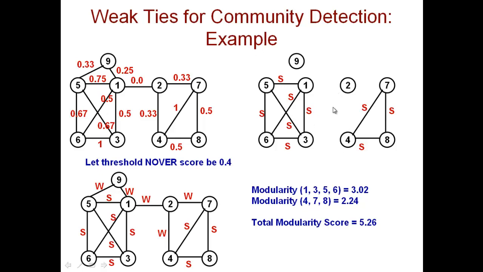So these are now the communities that we have, and that's a one step process. The modularity of the community 1356 is 3.02. The modularity score for 478 is 2.24. We get that through the pairwise modularity scores. The modularity score for 2 and 9, which are individually on their own community, is 0. So the total modularity score is just the sum of these, which is 5.26.